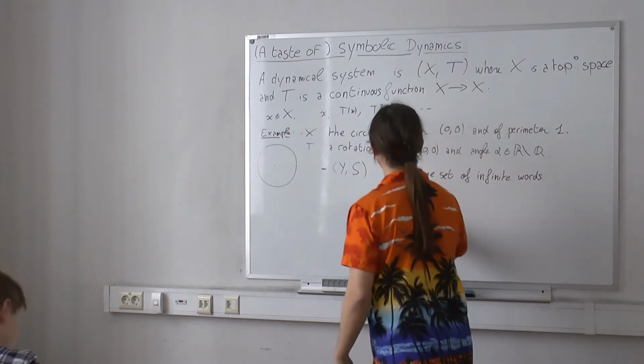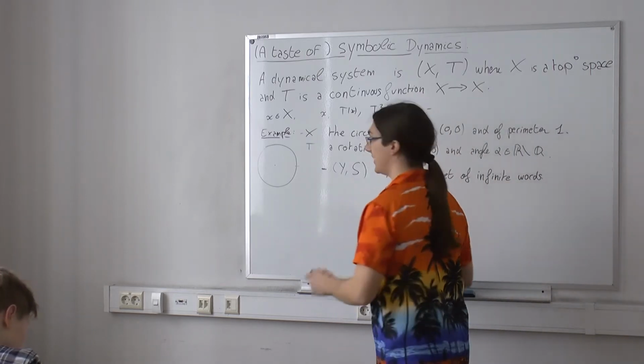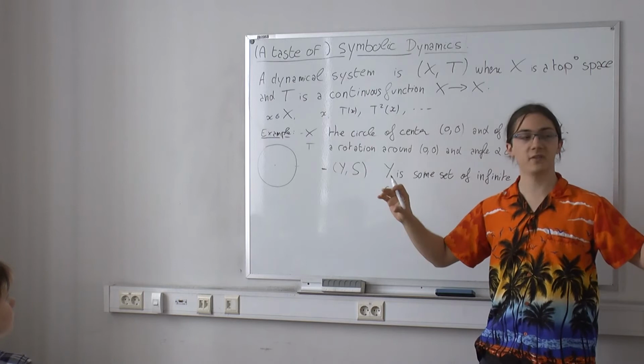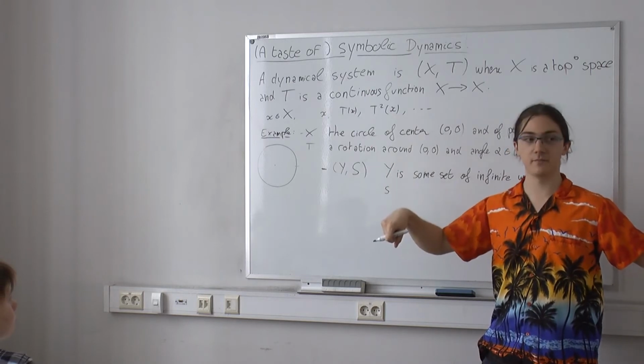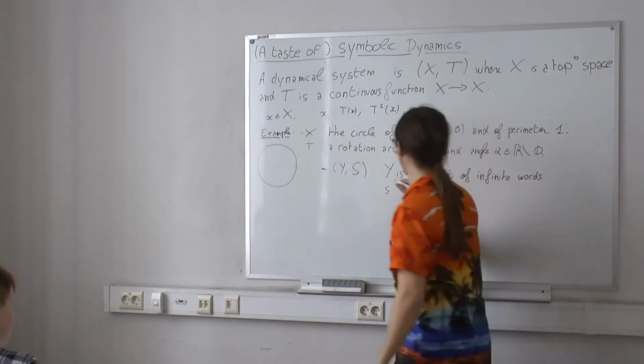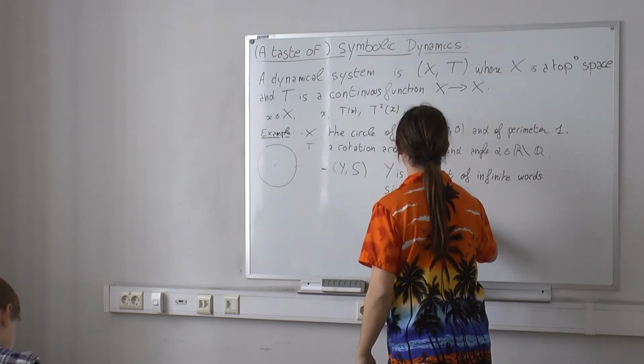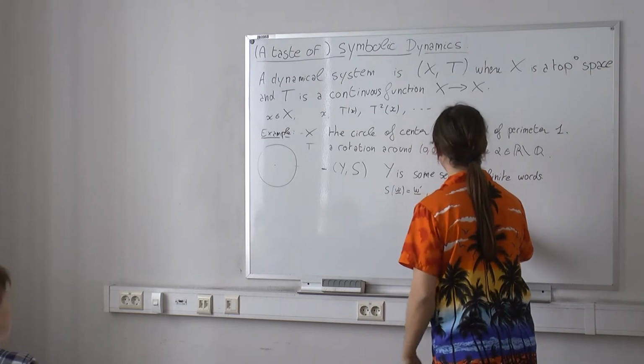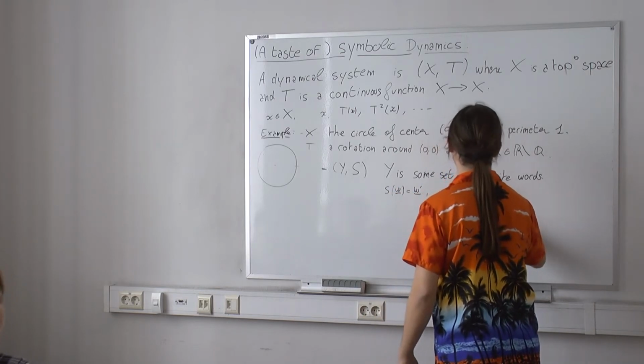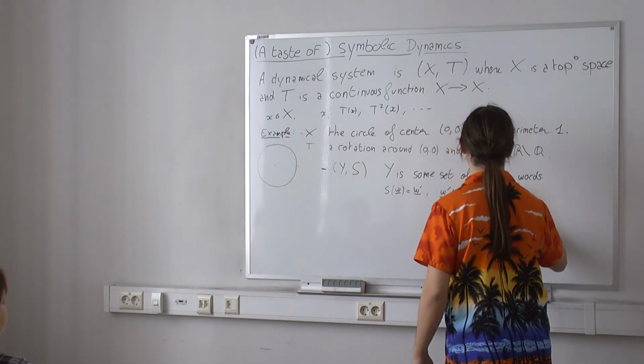And S is the simplest operation you could imagine. It's an operation, you start from an infinite word, you remove the first letter, and that's it. So S of some word w is equal to w', say, such that w'(n) is equal to w(n+1).